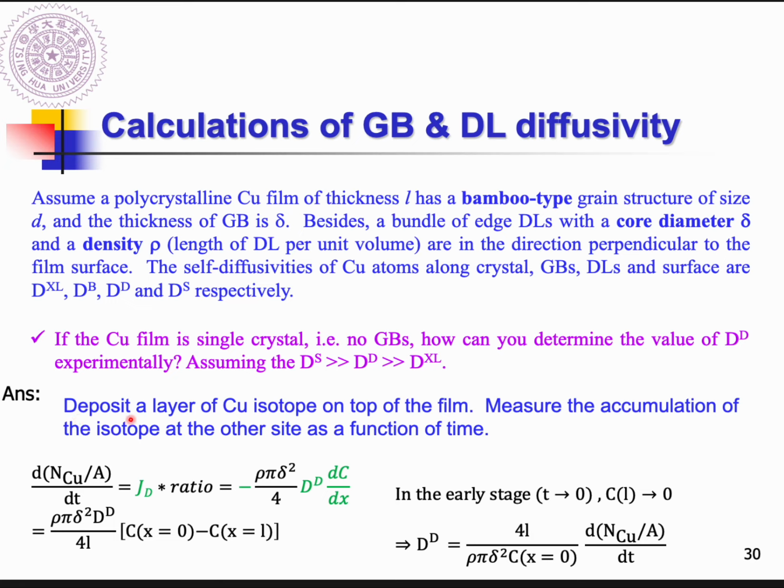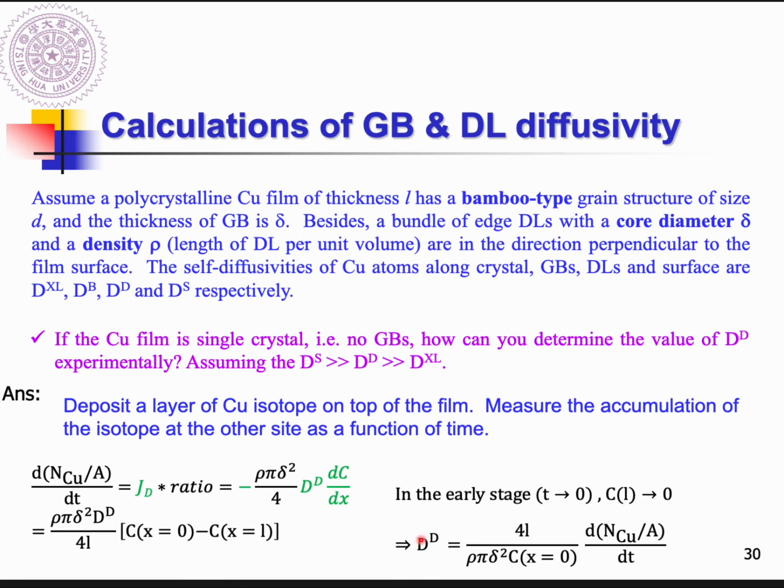So we just deposit a layer of copper isotope on the top of our substrate. Then we measure the accumulation of the isotope at the other side, the backside of the substrate, at different time points. So actually the derivation will be the same.